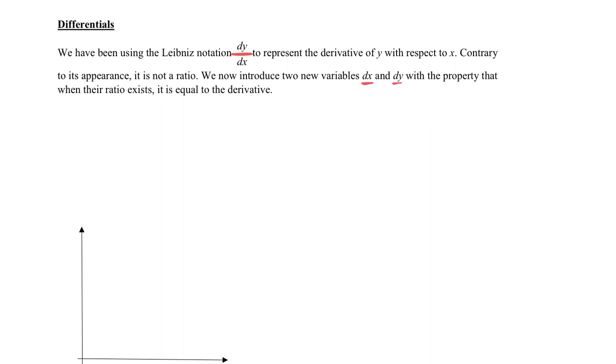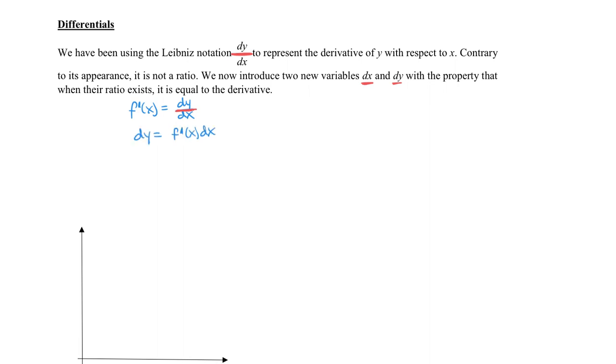So what we had before, we'd say f prime of x equals dy dx. Well, now when we use differentials, remember this is a true fraction. It's dy divided by dx. So if I wanted to, I could multiply both sides of this equation by dx to get rid of this fraction. And if we did that, we would get dy equals f prime of x dx.